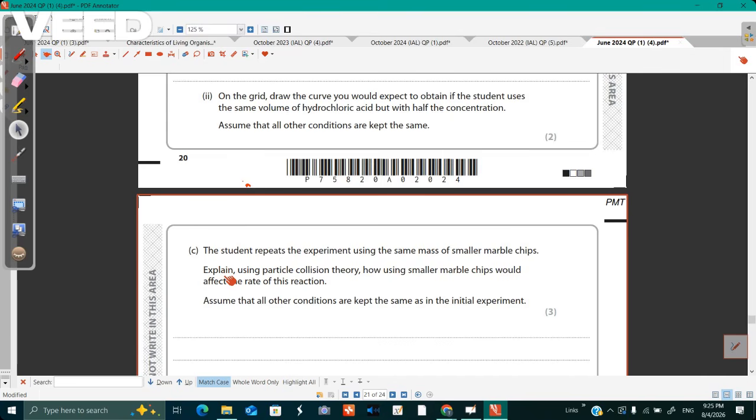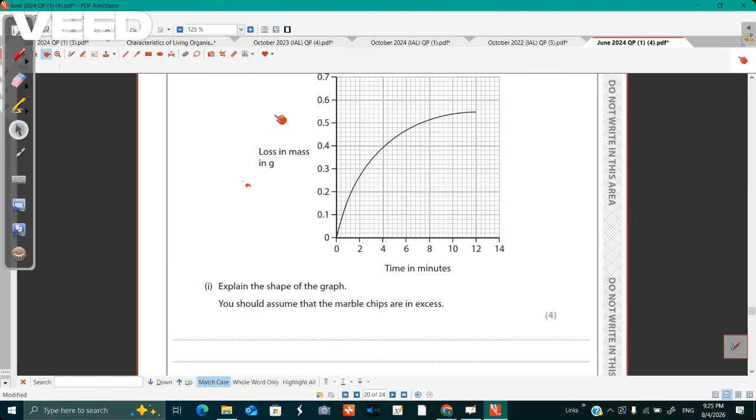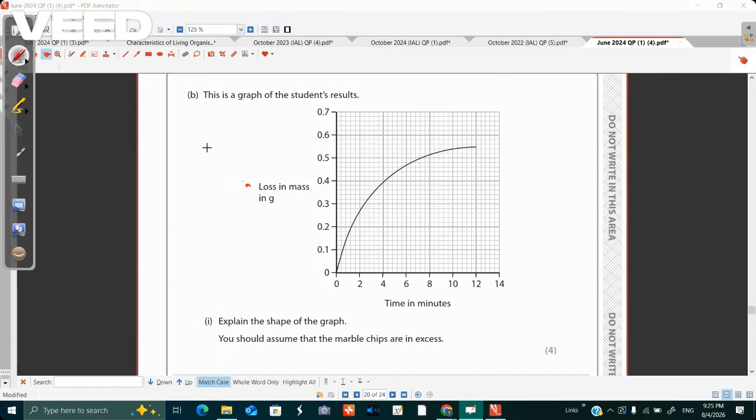What will happen? Half the concentration means it's a limiting. You will get only half the volume of carbon dioxide. Loss in mass. This loss in mass.